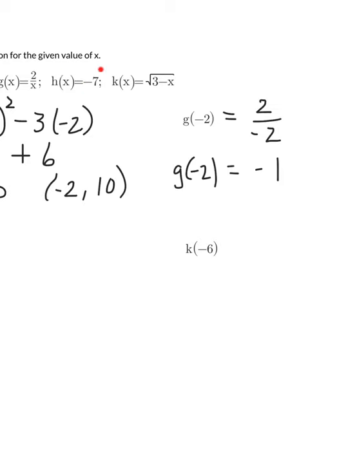And there is no x on the right-hand side of that function that we need to replace with a number. So that's called a constant function when there is no x in there to replace. So h of 5 is negative 7.